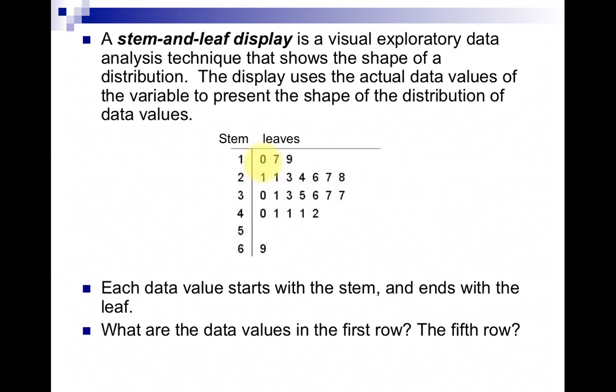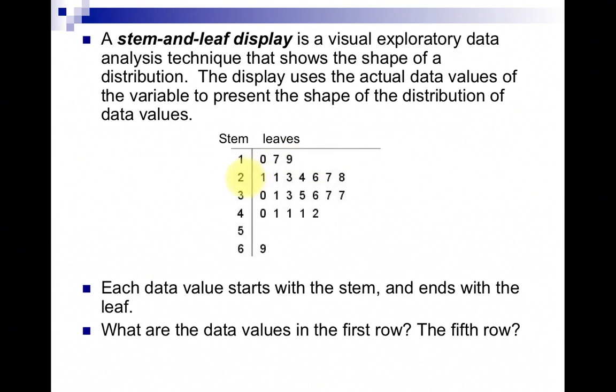Therefore, the very first data value of this distribution is 1, 0, or 10. The next data value in this distribution is 1, 7, or 17. And then the next data value is 1, 9, or 19. So the first row contains the data values 10, 17, and 19.